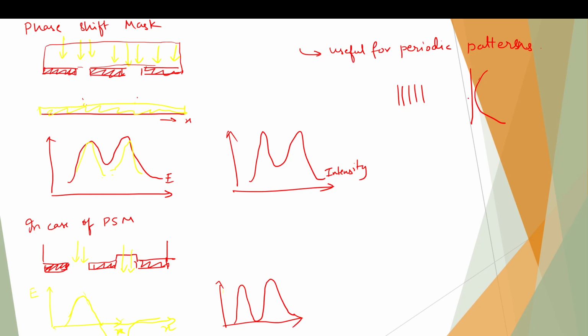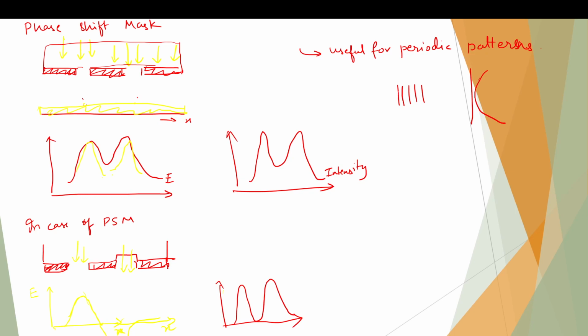So either I have to be very smart and be able to engineer the phase shift at each of these points to make sure that it always destructively interferes in the center, but in general that is very difficult. For such cases it is not possible to have a phase shift mask. So it is good for periodic patterns, but when we have isolated patterns in which two lines come very close, or two design patterns are very close, then in those cases this approach cannot be used effectively.